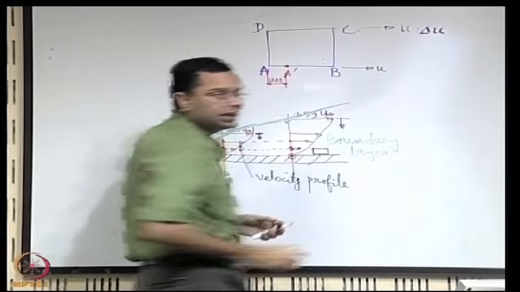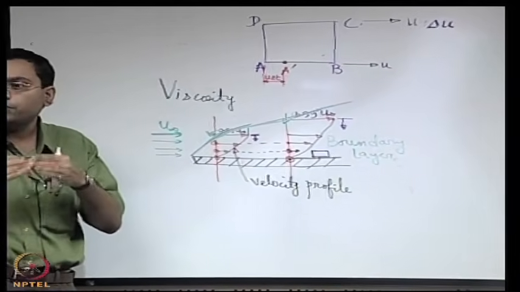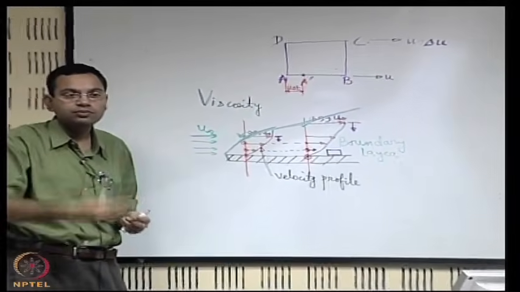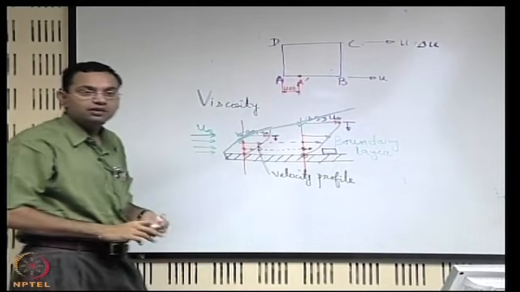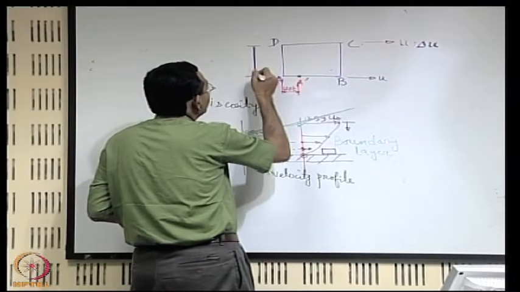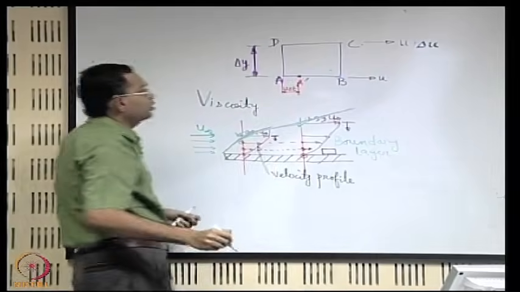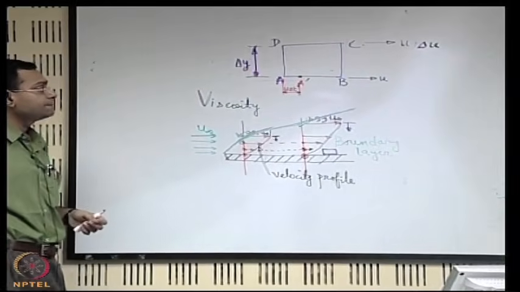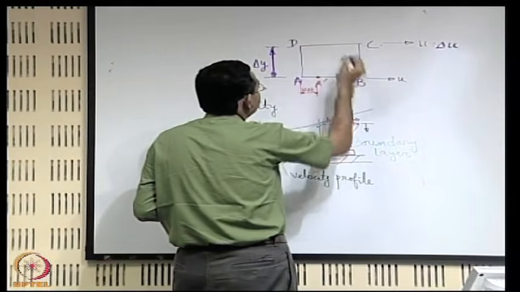Now, we can understand why it should be different, because we have qualitatively discussed that there is some effect which propagates the disturbance in momentum through the fluid, and therefore these two layers are expected to be of different velocities. And let us say that the fluid element that we have taken is quite a thin one, with a thickness of delta y. So now let us see where D goes.